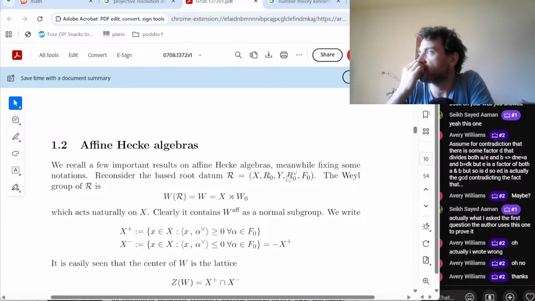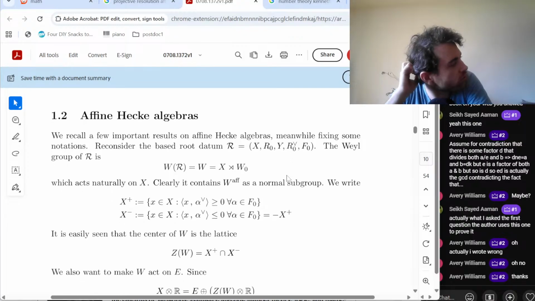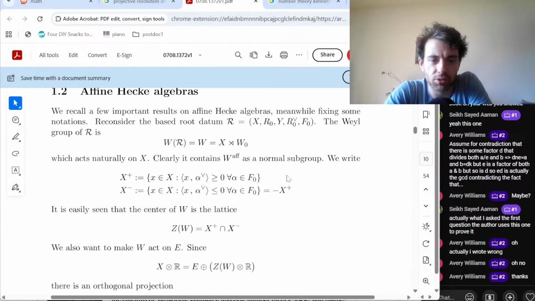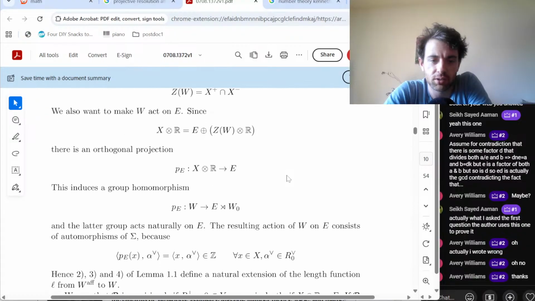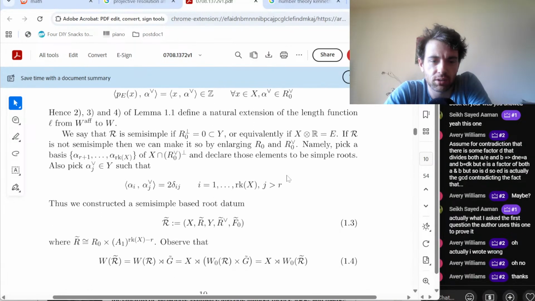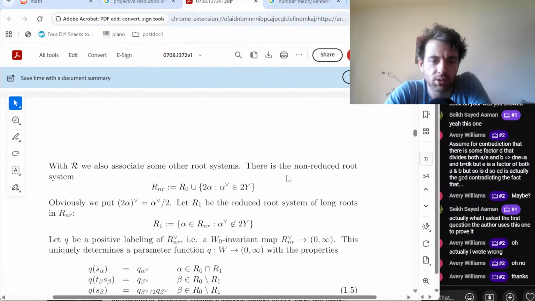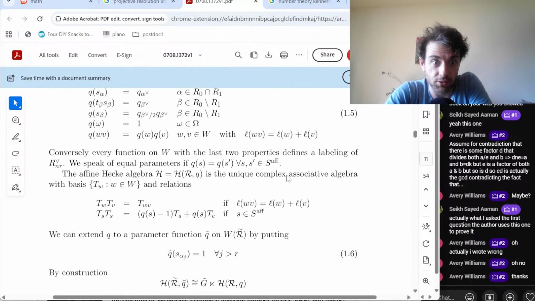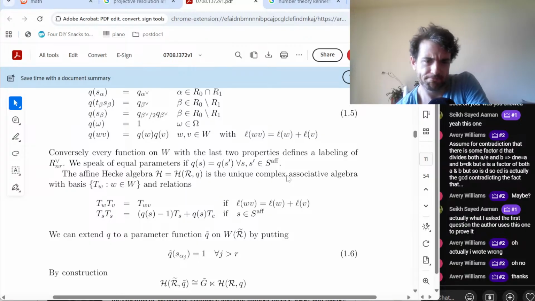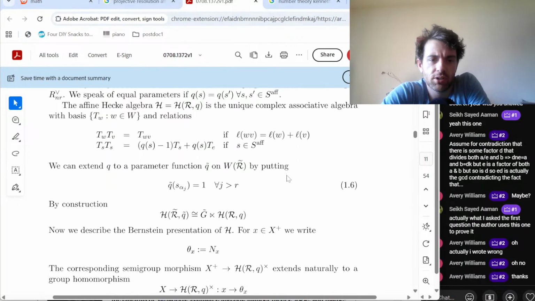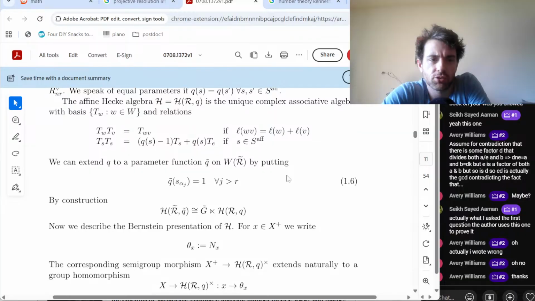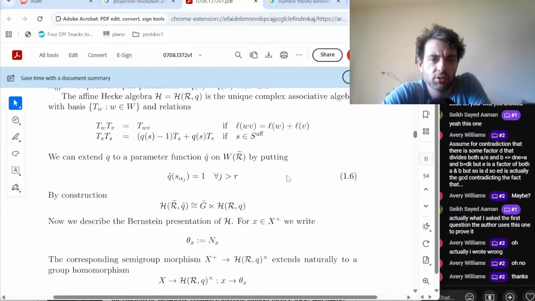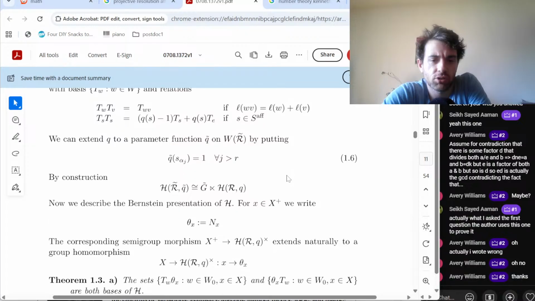But I could reduce some computations, possibly to GL2 or GL3, but, you know, life is easier there, theoretically. The affine Hecke algebra is the unique complex associative algebra with this basis and relations.